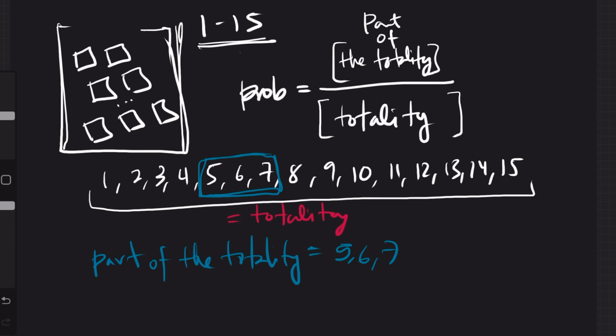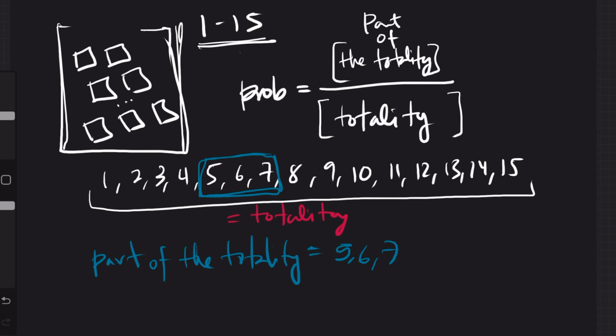So we can now understand that the proportion of events that I wish would happen compared to the whole amount of events that could happen gives me the probability I am looking for.